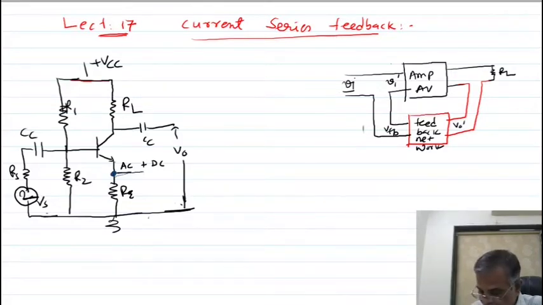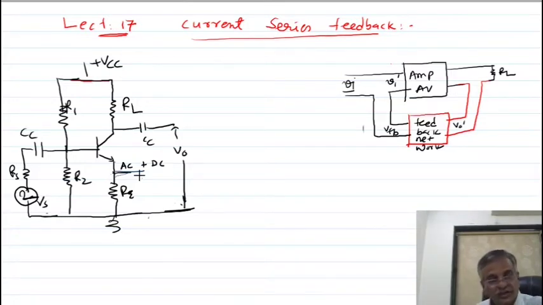If you have connected this capacitor, then this AC will be bypassed. Understand? But if you have not connected this capacitor, then what will happen? AC and DC both are developed.